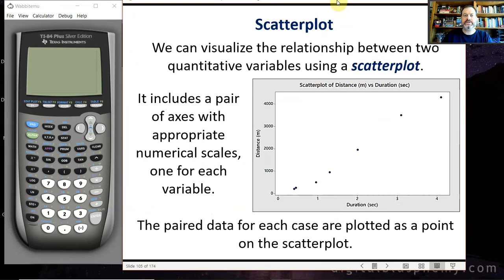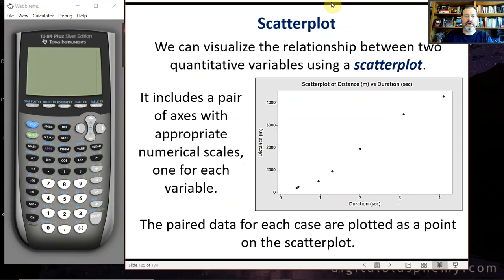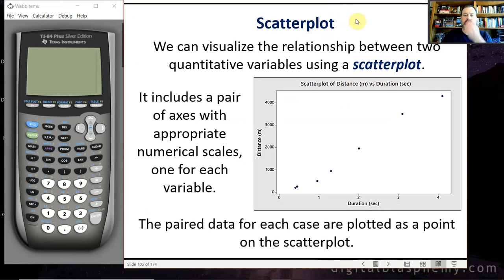All right, so what is a scatterplot? We're just going to start with a little descriptive thing here about what a scatterplot is. If we have two quantitative variables, the way to visualize that is with this kind of graph. It's very different than the sorts of graphs we've seen before.